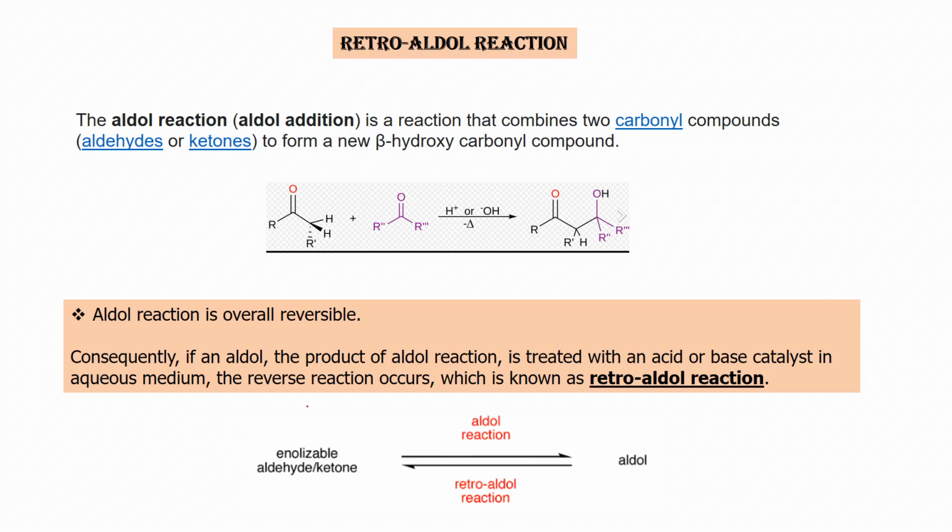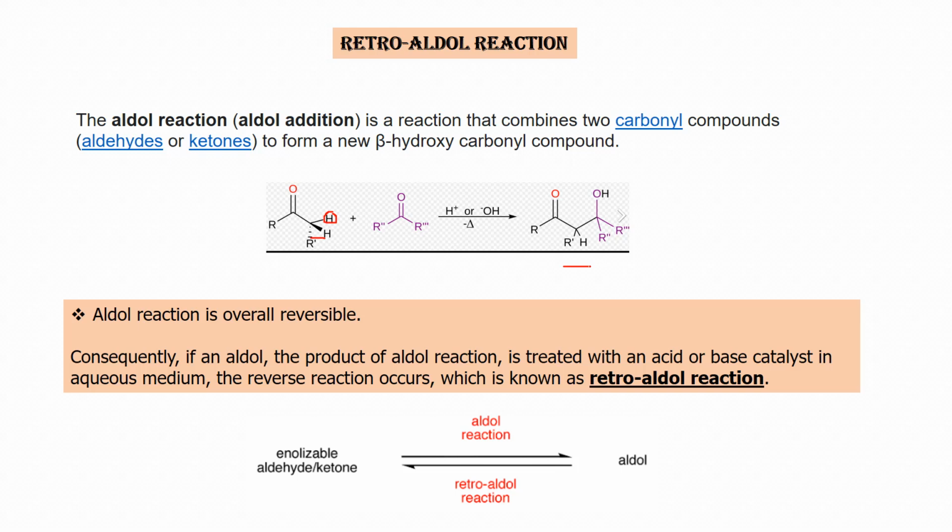So in the case of the aldol condensation reaction, if there is a carbonyl molecule with at least one alpha hydrogen, in the presence of acid or base that alpha hydrogen gets abstracted, and through enolate formation it attacks another molecule of carbonyl and forms this type of beta hydroxy carbonyl compound. In the last class I discussed the mechanism. I will share the video where you can go and check. Here I am not discussing the mechanism of the aldol reaction.